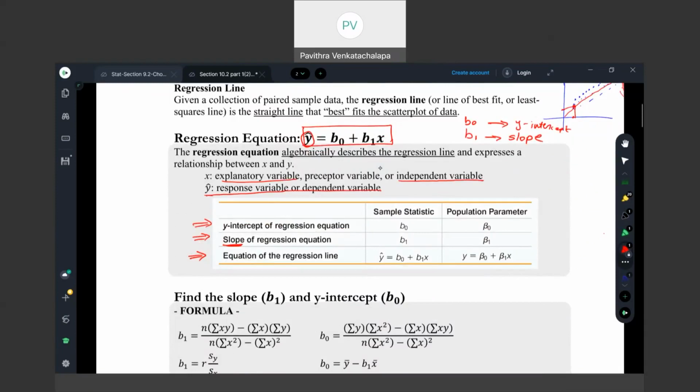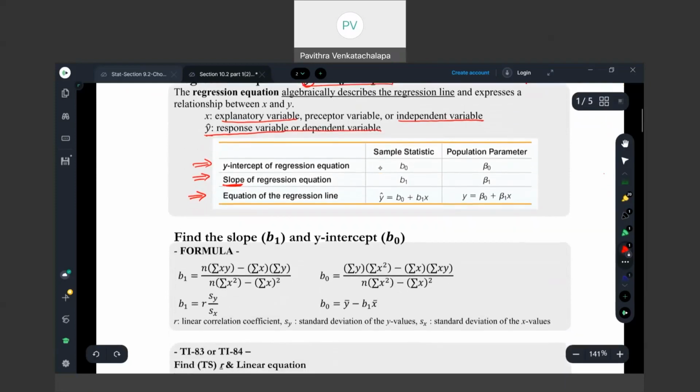So when I change the value of x, the value of y also changes. But when I change the value of ŷ, x does not change. And that is why x is an independent variable and ŷ is a dependent variable.